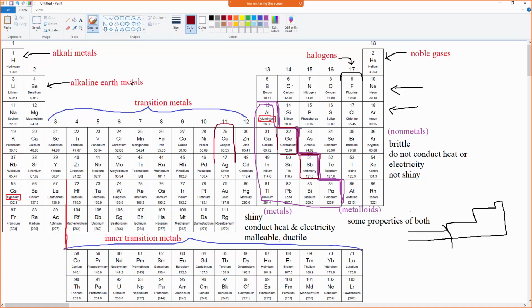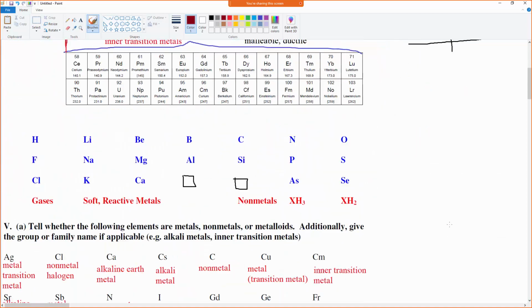So even though carbon is technically a nonmetal and germanium is a metalloid, they're going to share some similar properties, right? All right, and Nicole says we've got Gd and Cm. That's right, gadolinium and curium, both inner transition metals, picked from the same column. So we can put those together.